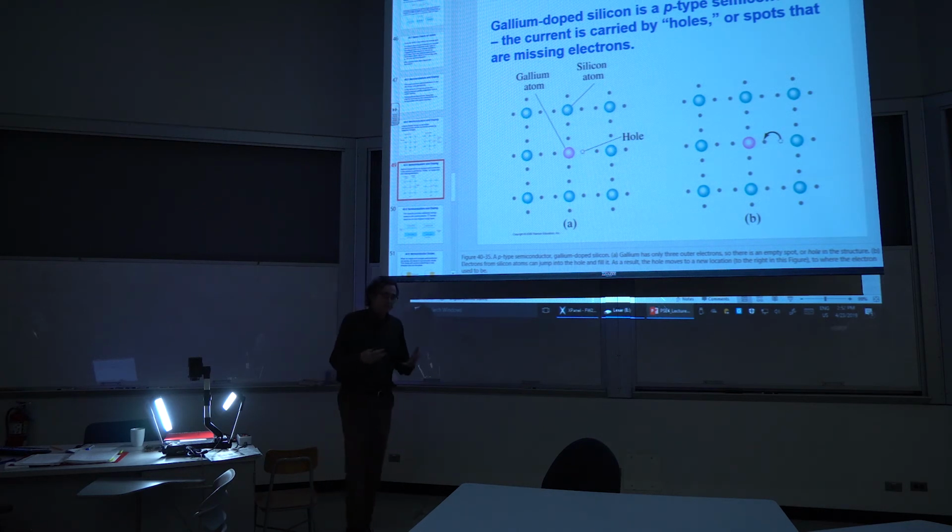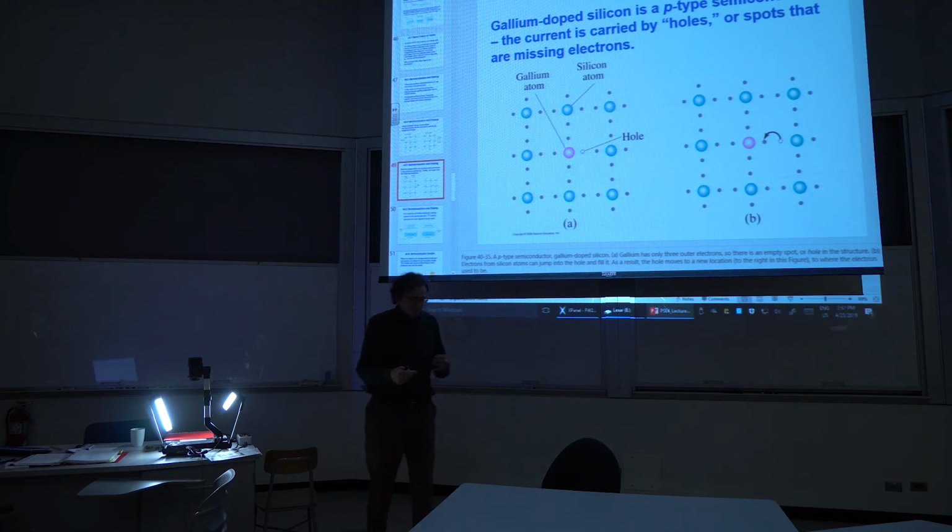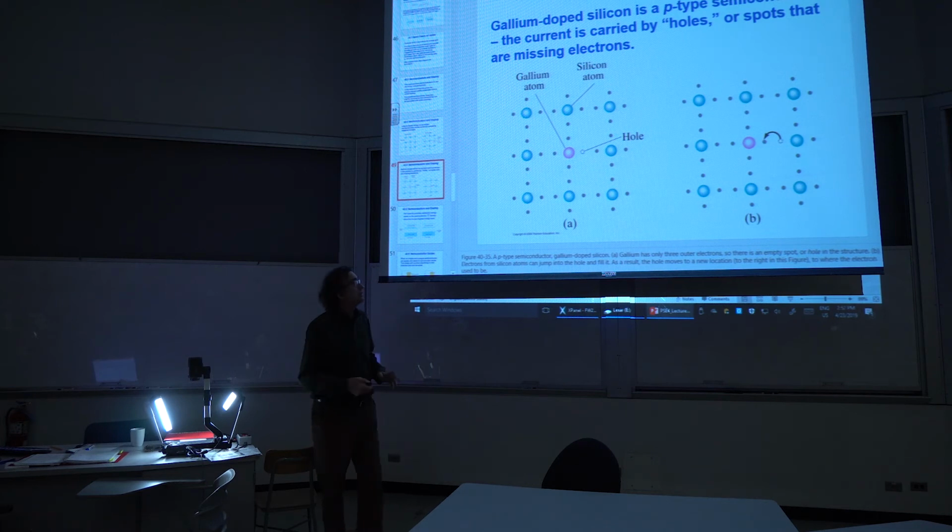In other words, it's the nature of an almost filled subshell, that if you're only lacking one from that stable environment, there's a strong electron affinity that can cause or will cause electrons to fill that hole. So that is one particular idea involved here.